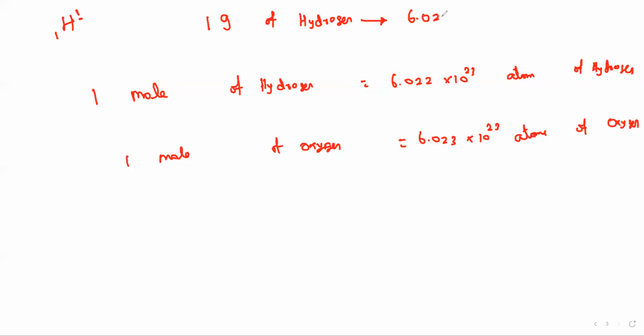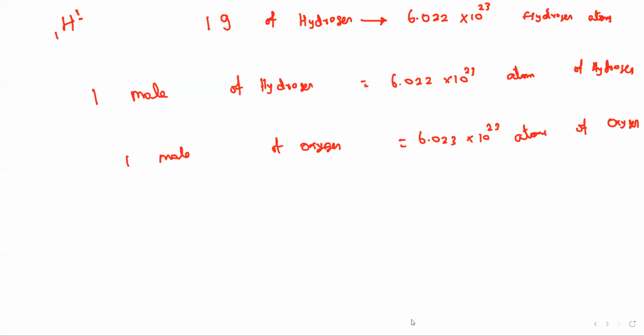In that manner he found that it is 6.022 into 10 to the power of 23 hydrogen atoms. Now it was his assumption. Hydrogen has the mass number of 1, so he took 1 gram of hydrogen and checked the number of atoms in that, and found 6.022 into 10 to the power of 23.